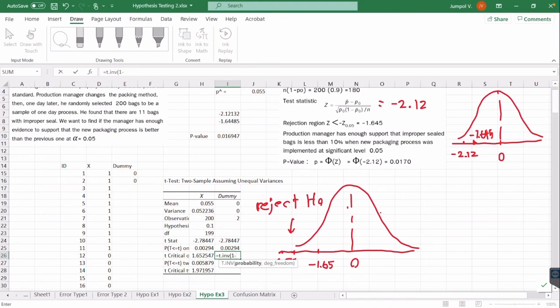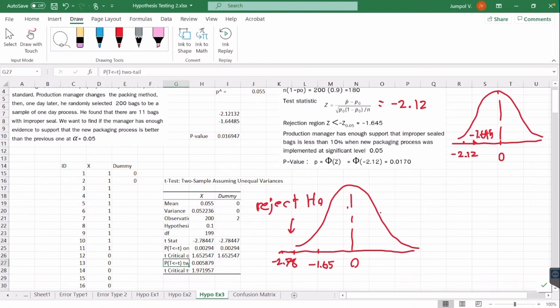For some reason they use the right side, so we have to use 1 minus the probability, which is 0.05. The degrees of freedom, again, is 200 minus 1, so we got this number.